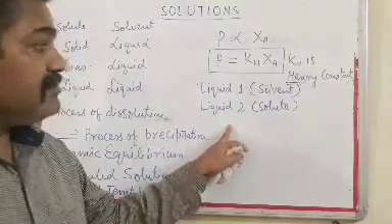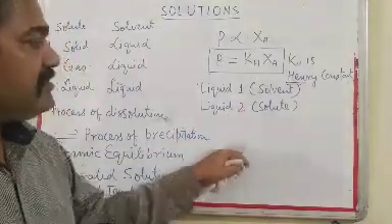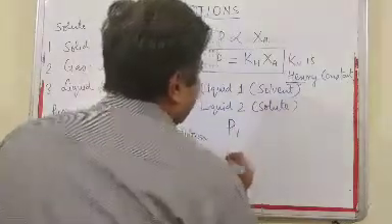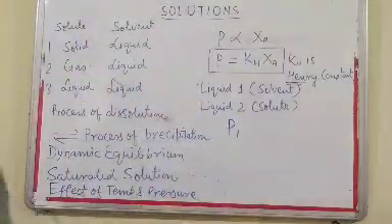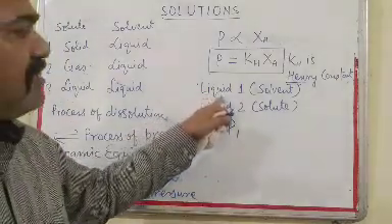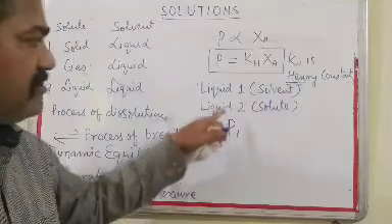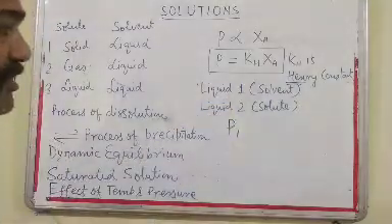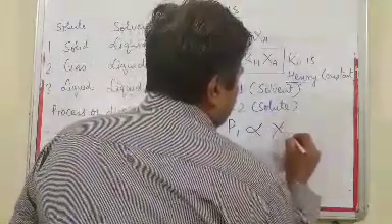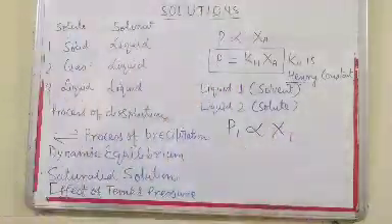Regarding this solution, Raoult's law says that the partial vapor pressure of component 1 and component 2 is directly proportional to its mole fraction in the solution.